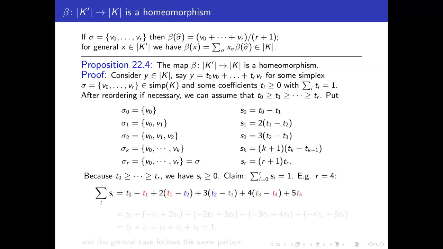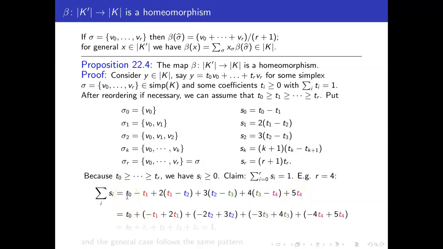So let's see how that goes in the case where R is 4. Here's our s0, and this is our s1. This is our s2, this is our s3, and then this is our s4. Remember, there's a special thing for the last one because there is no t5. But notice we've got a t1 here and a t1 here, t2 here, t2 here, t3 and t3, t4 and t4. So we collect everything together in the obvious way.